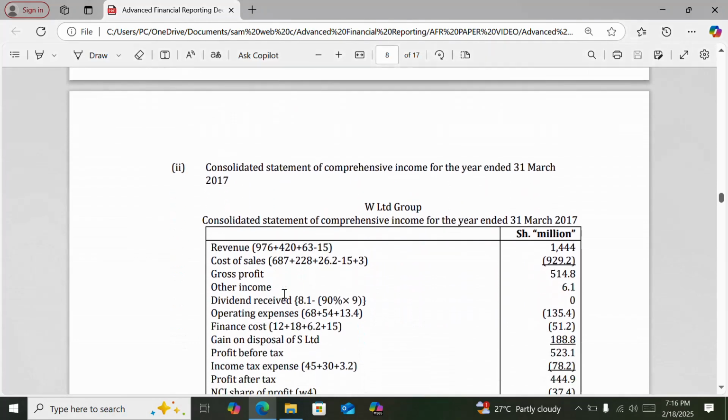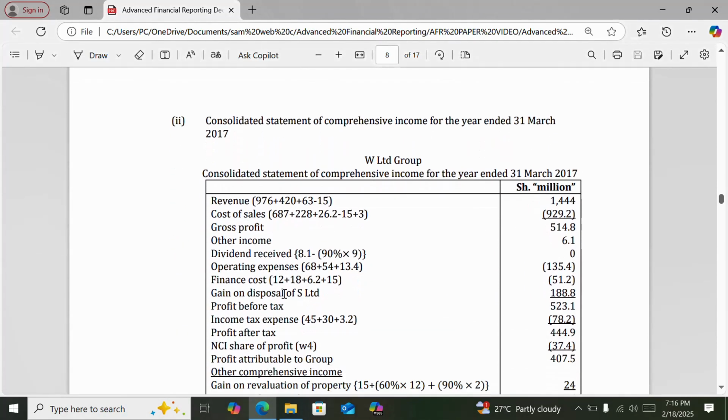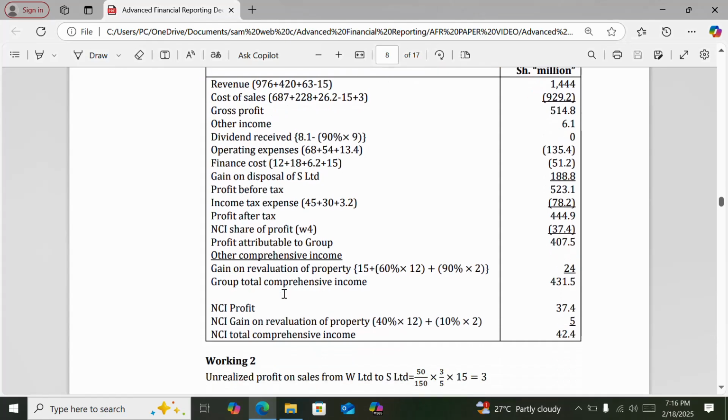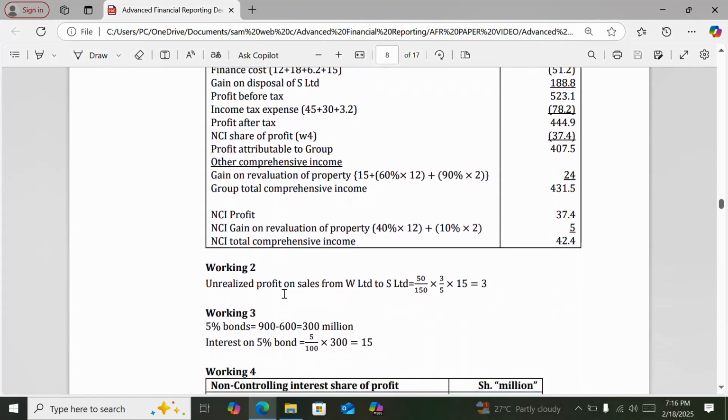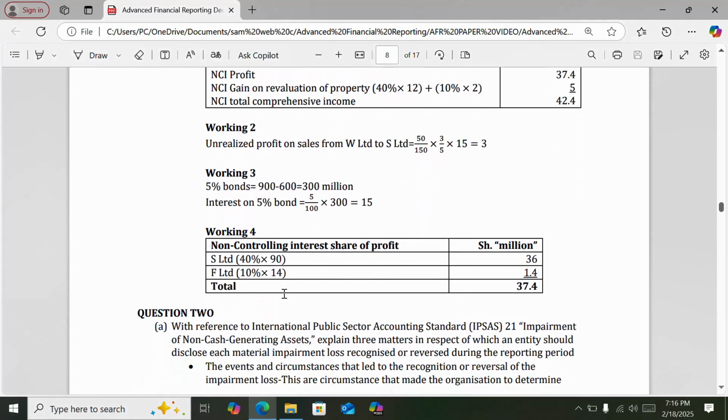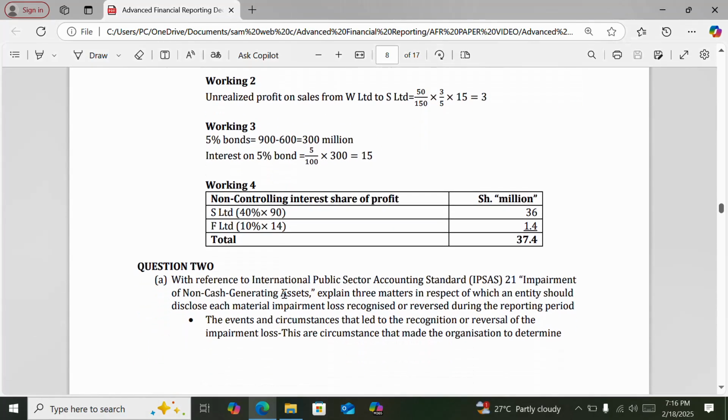Then we go to Roman 2, the consolidated statement of comprehensive income for W Limited Group. Then we have a working there for unrealized profit. We have working 3 and then we have working 4.